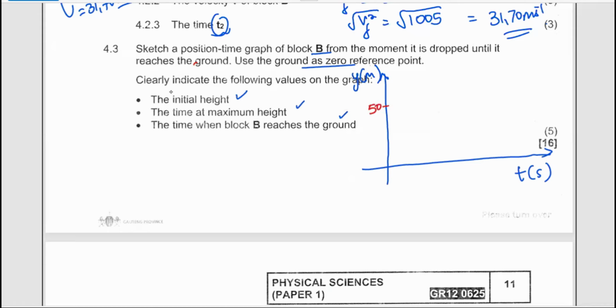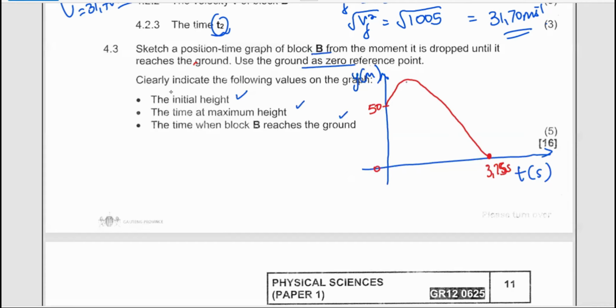Then it went up momentarily, reached the maximum, and then came down. The time when it reaches the ground, the T we are saying, is 3,75 seconds. That's the position 0.